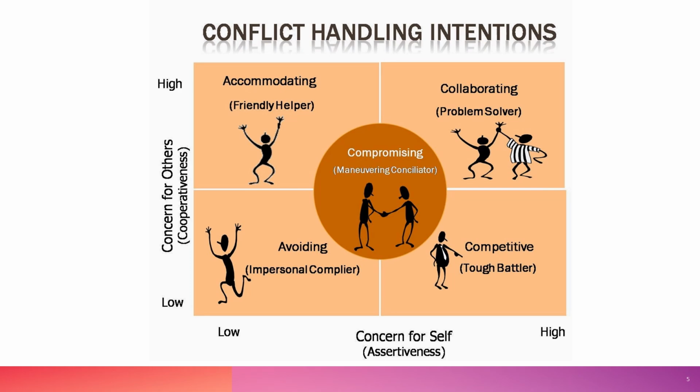And this is the tough battler, the competitive aspect. And then we have collaborating, which is a little bit of a win-win, where there's a high concern for self and for others, also deemed the problem solver. So we're going to look at each of these 5 conflict handling approaches in more detail.